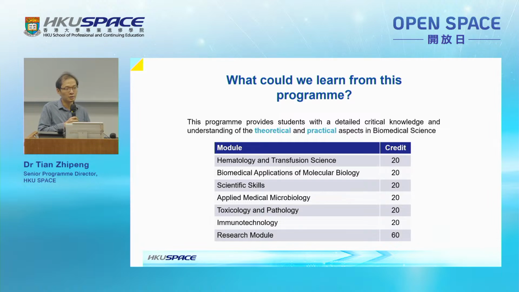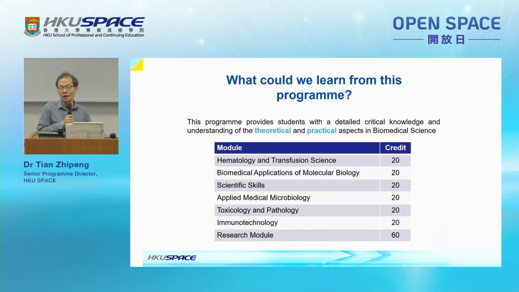Then there's a module named scientific skills. This module covers all the necessary knowledge used for research, including literature review, how to read and summarize useful literature papers. It also covers data analysis skills and data interpretation skills.